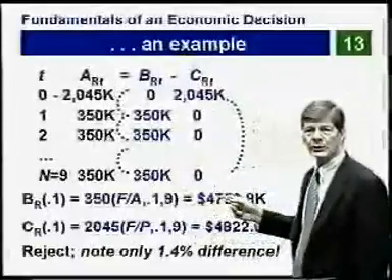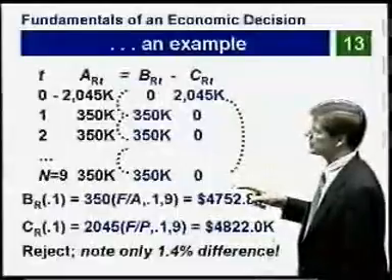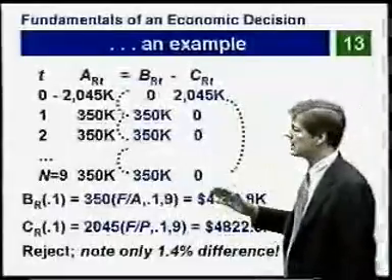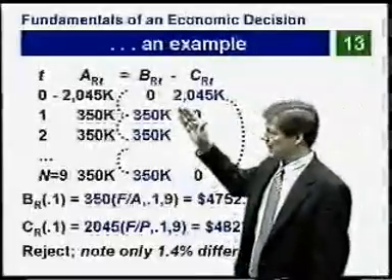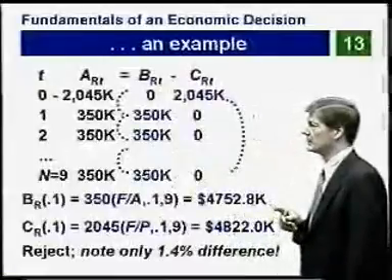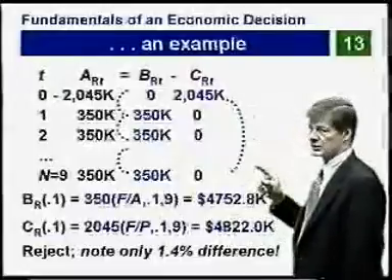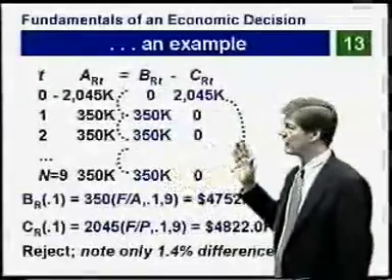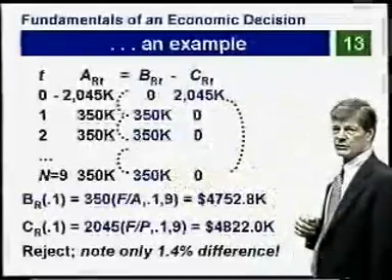Let's be sure we understand what these numbers mean. Again, the $4,752,800 basically means if I take and invest in these robots, I would accumulate by the 9th year an equivalent sum of almost $5 million. As an alternative, I would give up that cash flow stream and invest in the cost series, and I would end up with this cash flow stream.